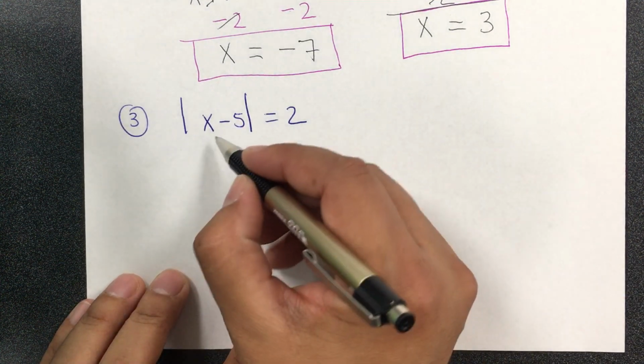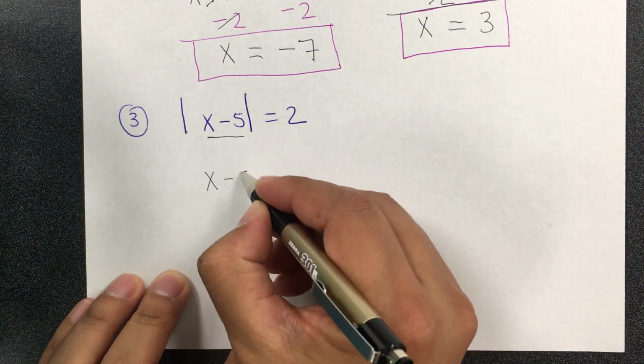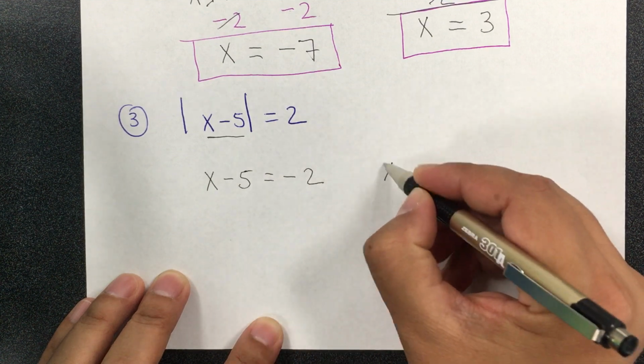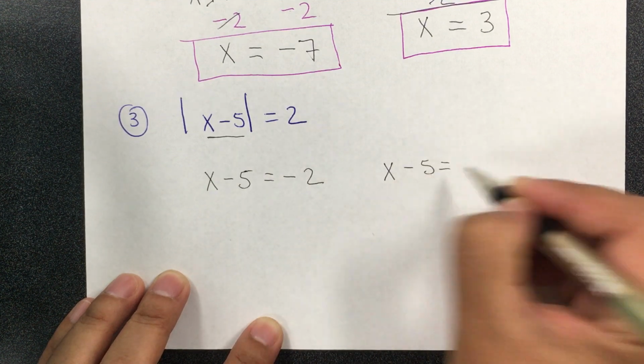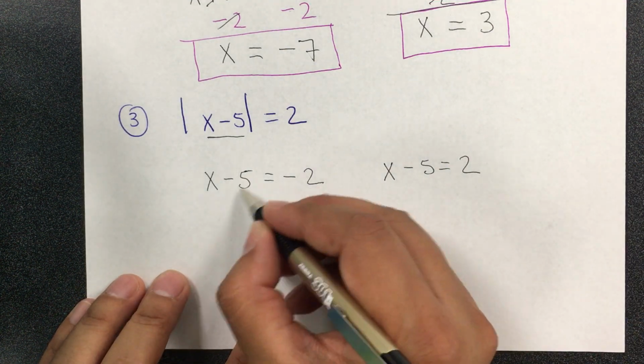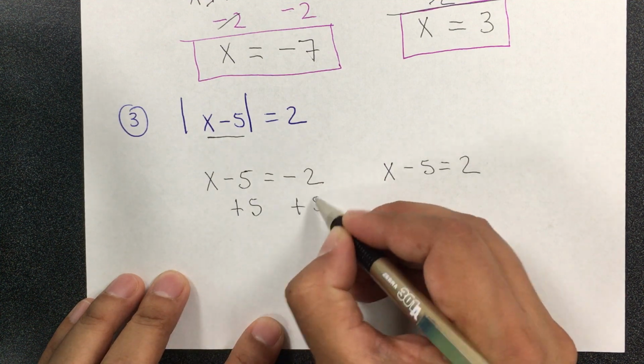Number 3, again, we're going to take this out. X minus 5 equals -2. X minus 5 equals +2. If we're subtracting, the opposite is to add 5.